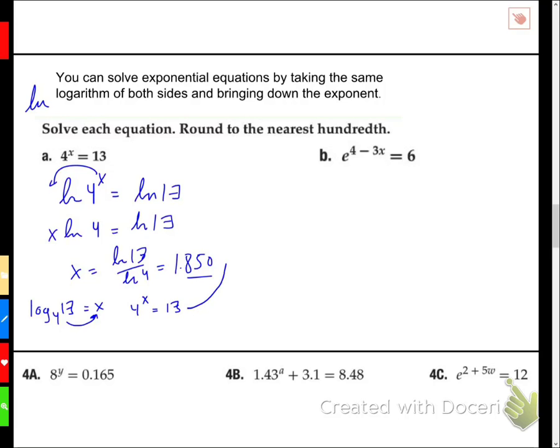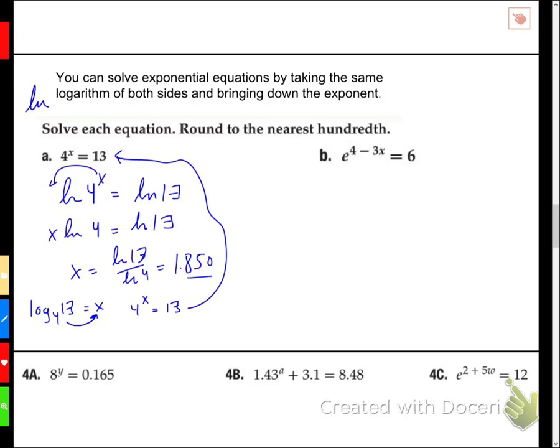Well, that's what I started with. So the solution to that was ln of 13 over ln of 4, change of base formula. That's why we're able to jump straight from log base 4 of 13 to ln 13 over ln of 4. That essentially is the solution to the equation that we get from setting it up that way.